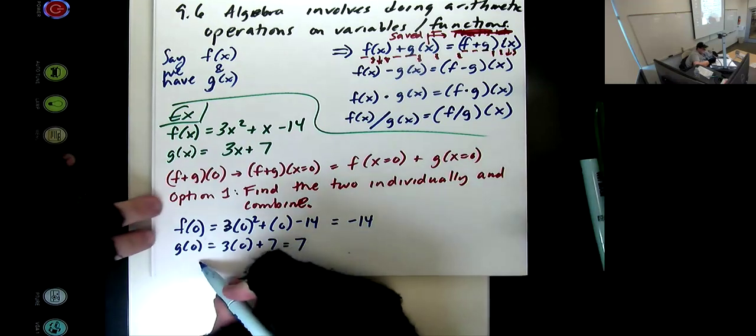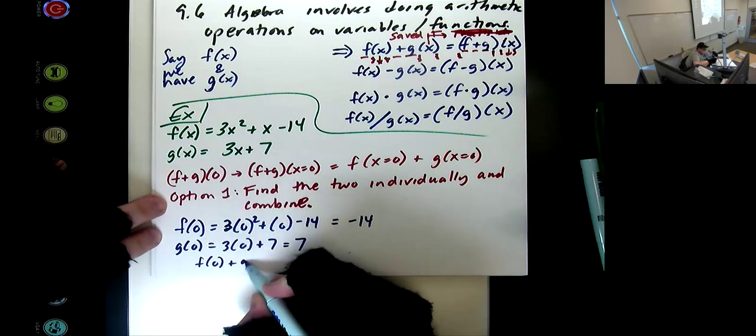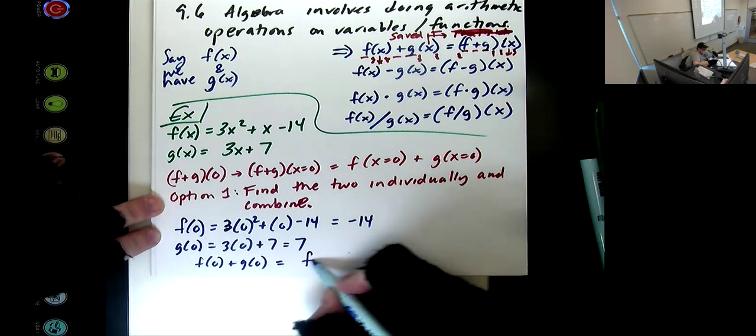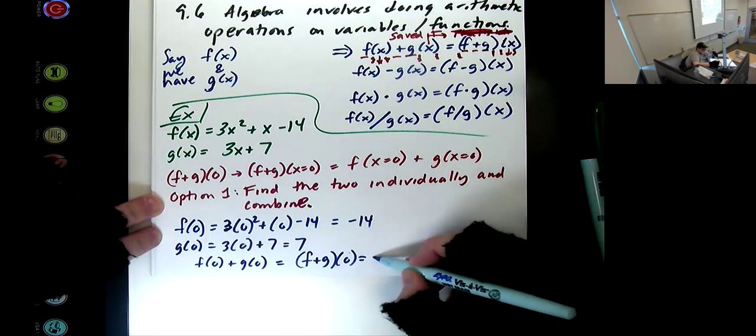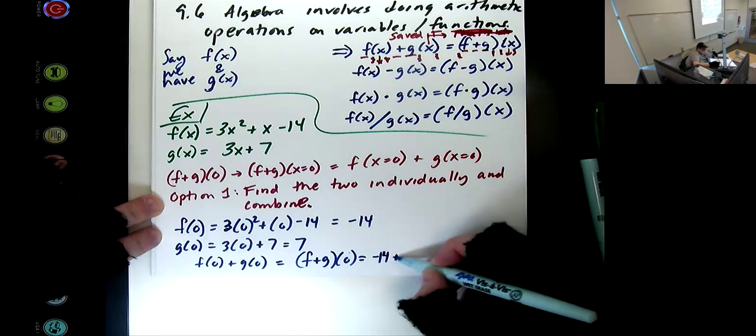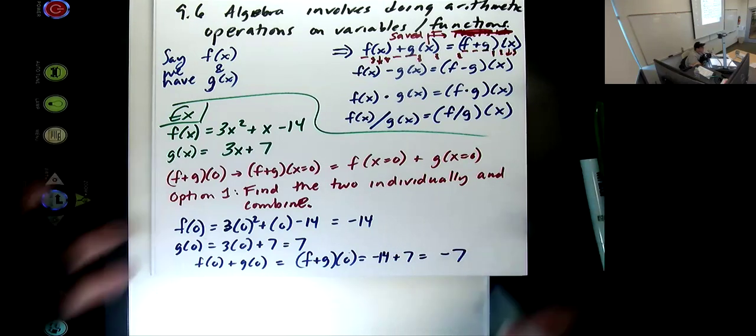So finally, if I want to find f of 0 plus g of 0, which is the f plus g of 0 that we had above, we're just adding these two together. Negative 14 plus 7 is negative 7.